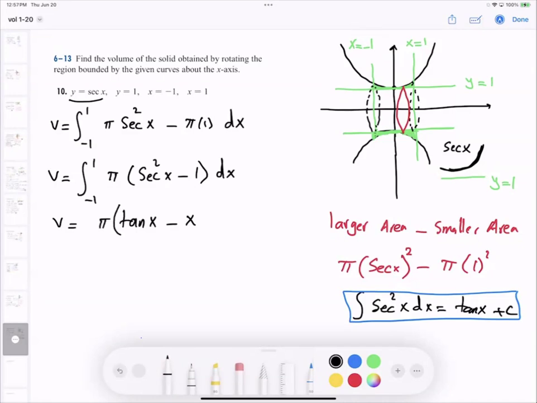So now let's use parentheses, and x ranges between -1 and 1. Okay, let us continue. The volume is pi, tangent of 1 minus 1 minus tangent of -1 minus -1.